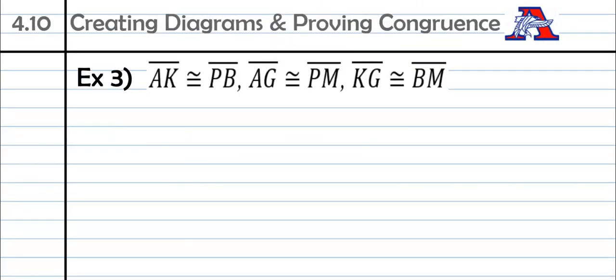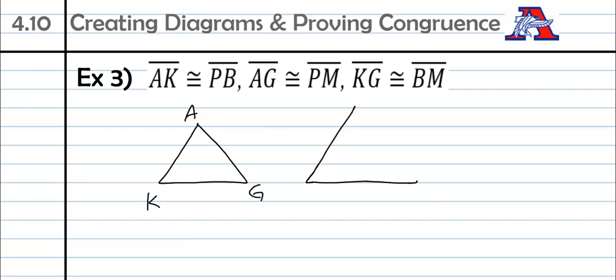All right, and then last example, just to make sure that we got the hang of this. This one I think might be kind of obvious just by first glance. It looks like we're given side congruent to side, side congruent to side, side congruent to side. There's lots of sides, but let's just double check that side, side, side actually works. So I'm going to go through this one pretty quickly. We are still using triangle KAG and triangle BPM. And then we're just going to double check.